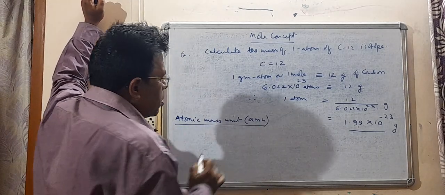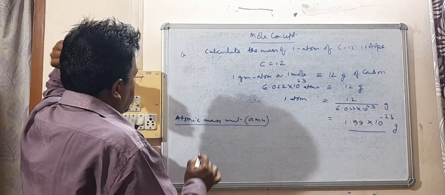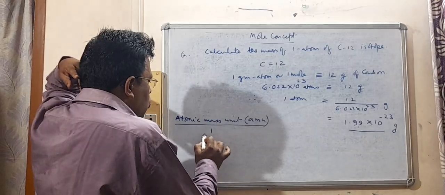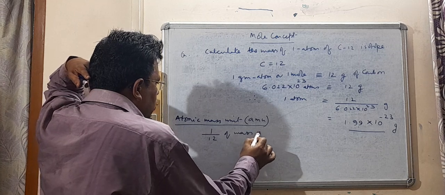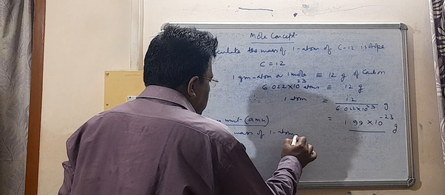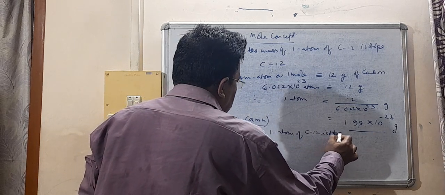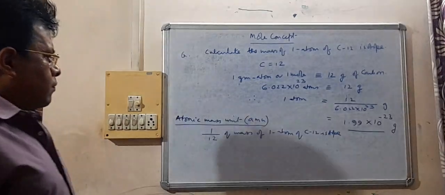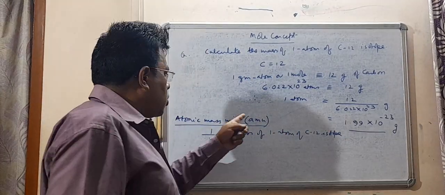The definition of atomic mass unit is it is 1/12 of the mass of one atom of carbon 12 isotope. 1/12 of the mass of one atom of carbon 12 isotope is called 1 AMU.